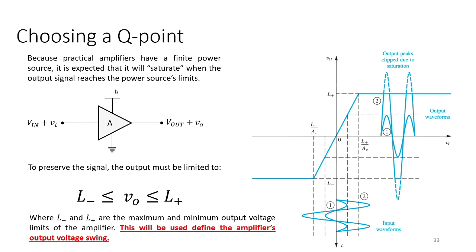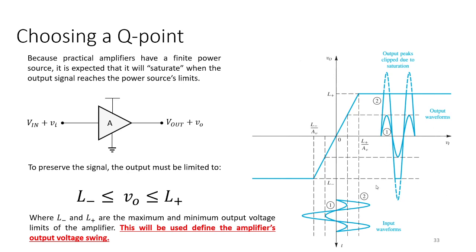So we have a VDD and we have ground, or we can change this to VDD and negative VDD, but the point is they are finite, not infinite. So in order for the signal to be accurate, we expect that the output must be limited to these limits, L minus and L plus.